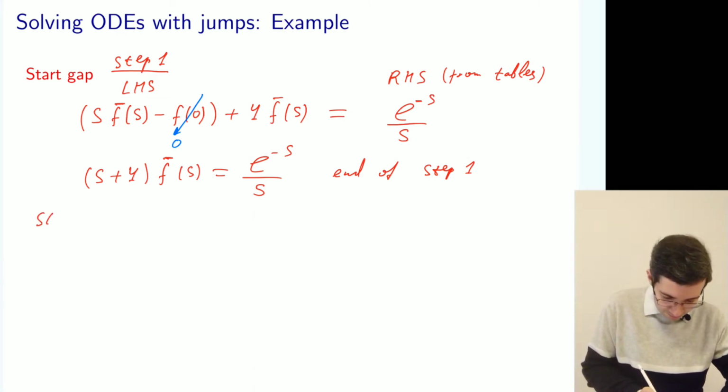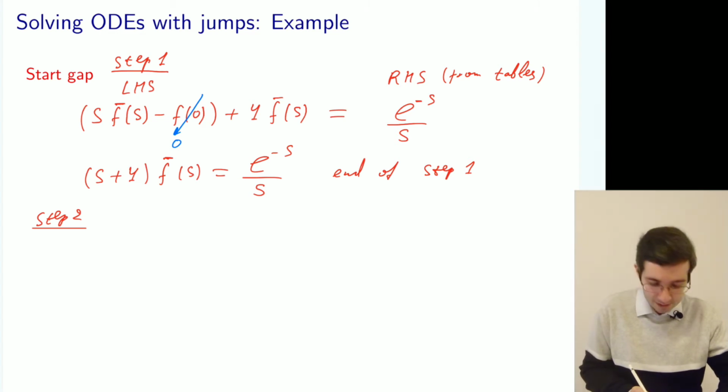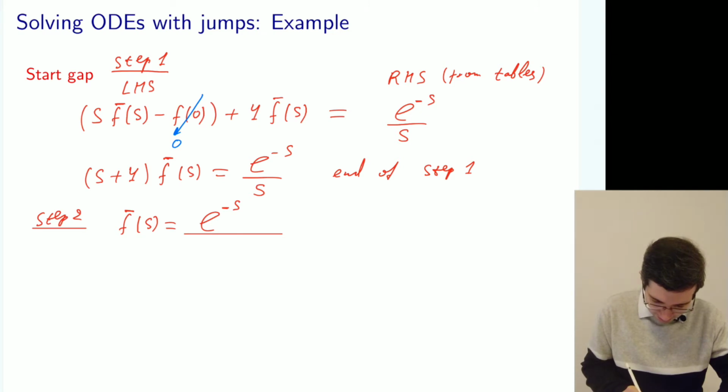So step 2, let's just divide the left hand side and right hand side by s plus 4, and we get f bar of s is exponential divided by s times s plus 4.